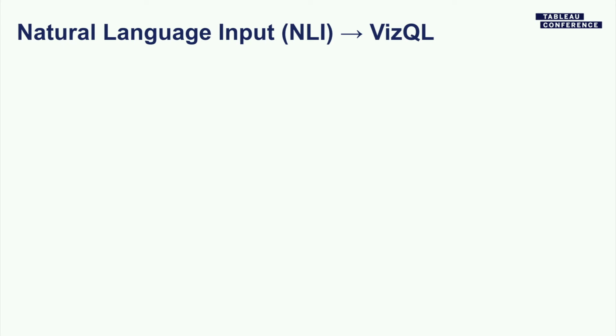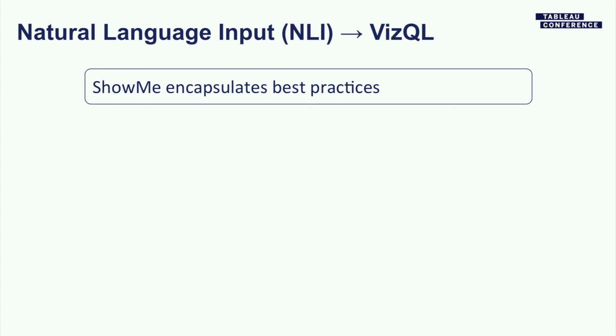So how many people thought that the demo of the natural language input looked interesting? Right? Might be something fun to try when it's available. So I've been working with the team who's doing that, and the first thing that they saw was, okay, well, we can figure out what fields based on what the people want to type, and show me already encapsulates best practices, so let's just use show me.